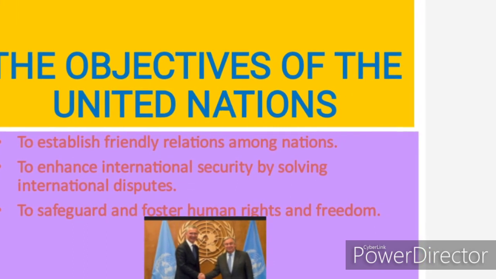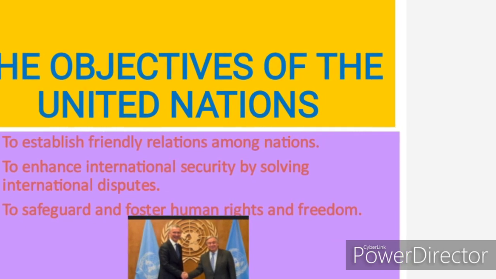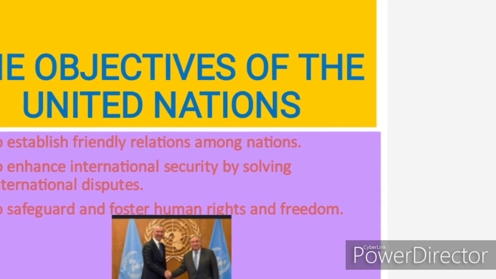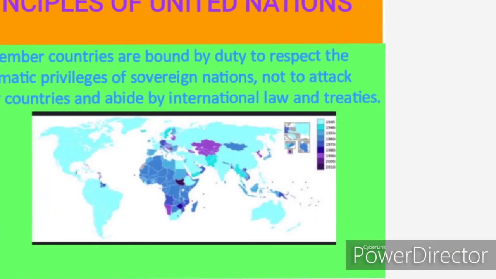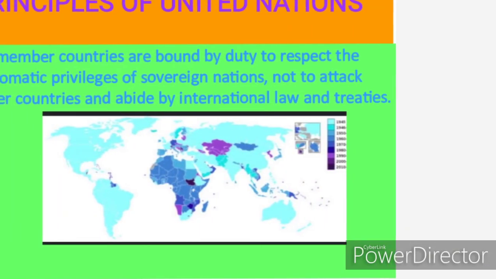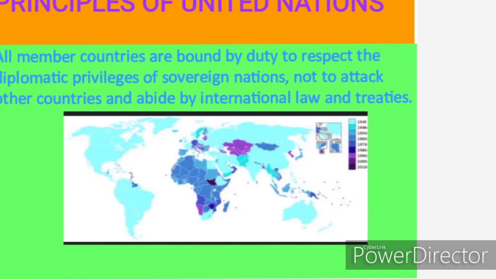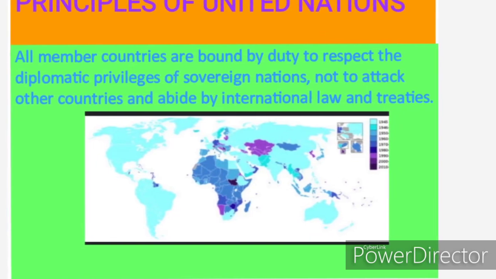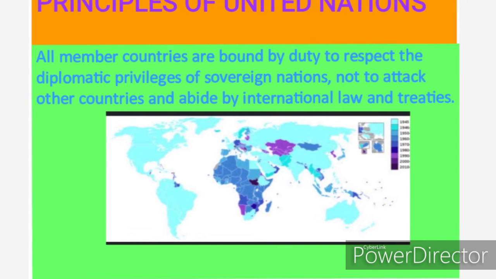Along with these, the United Nations also aims at enhancing economic cooperation at the international level. All member countries are bound by duty to respect the diplomatic privileges of sovereign nations, not to attack other countries, and abide by international law and treaties.